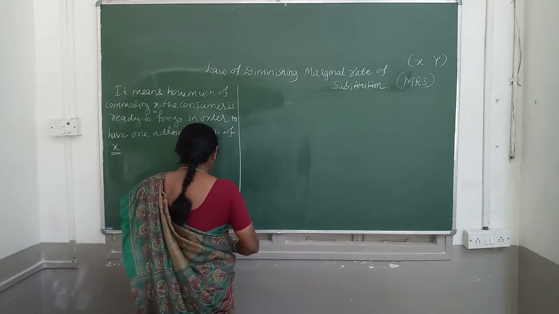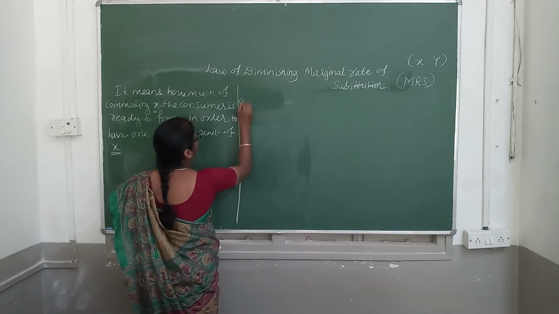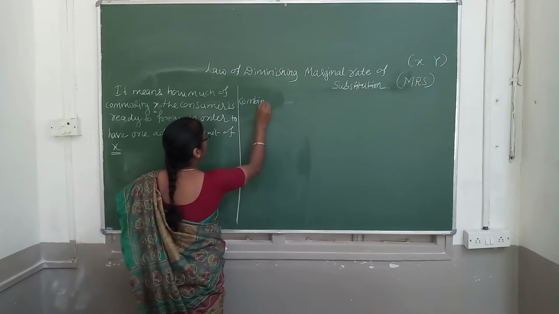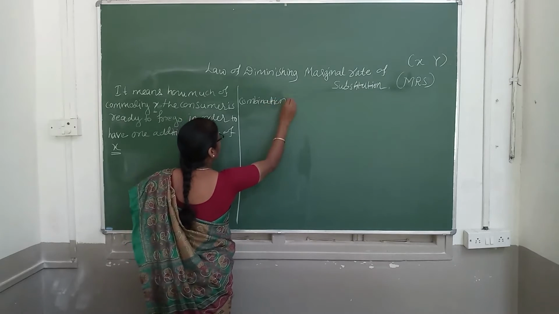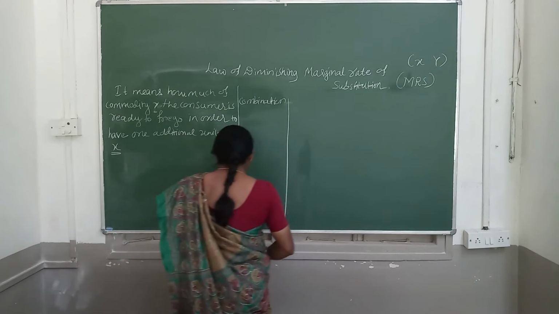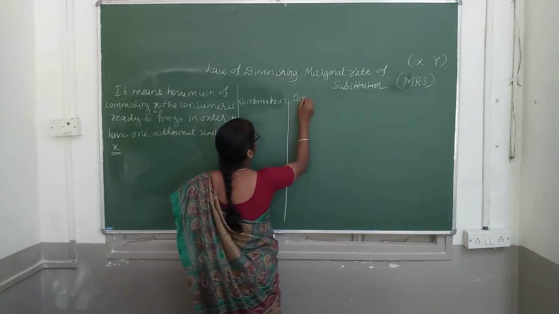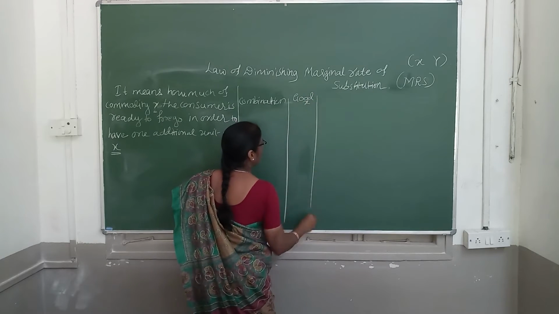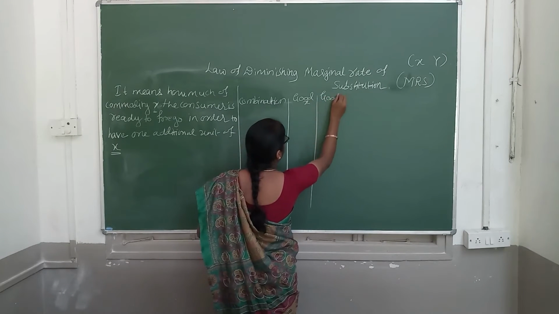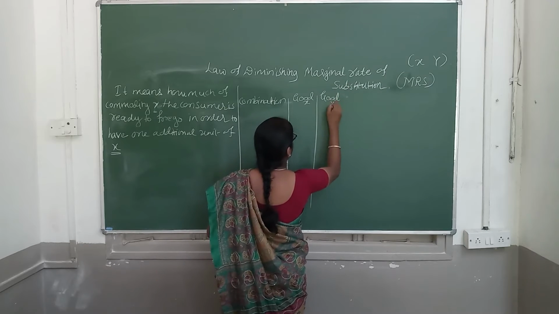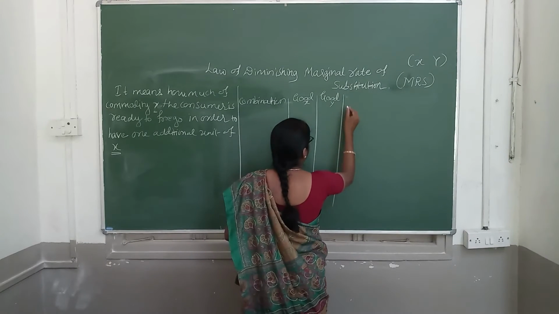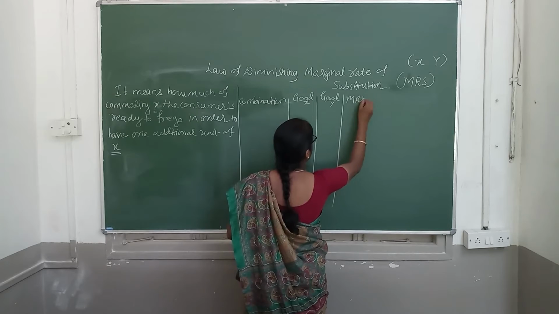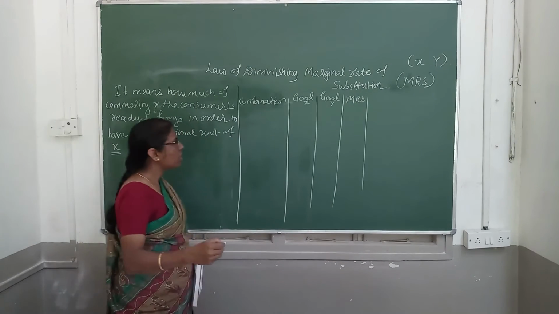See here, the schedule is given. Combination, this is the first one, and the second, the X commodity is shown and Y commodity is shown. And here MRS is given. What is this MRS? Marginal rate of substitution.